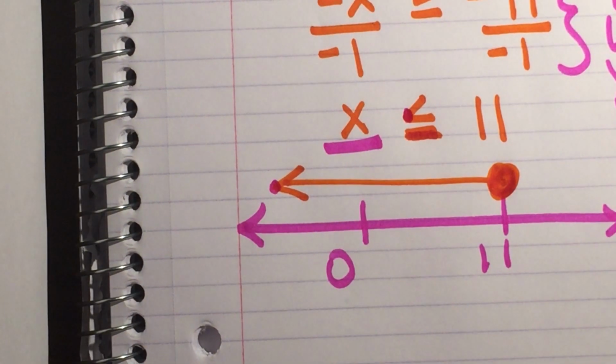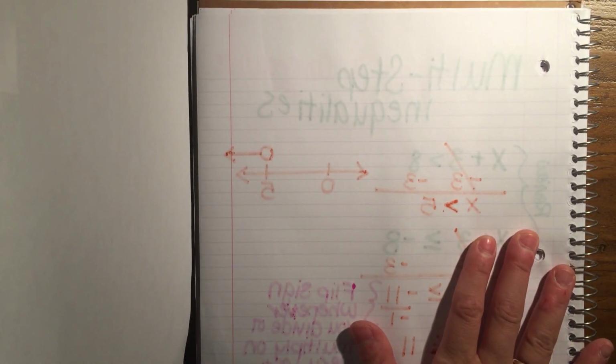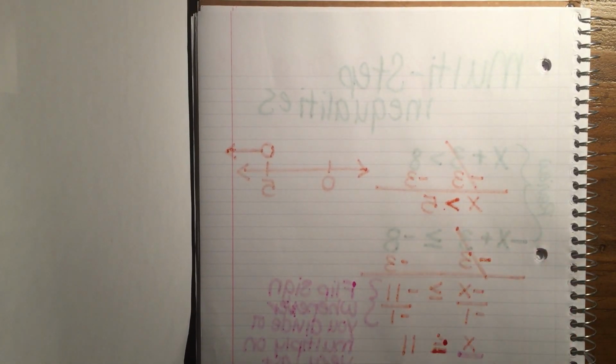So now let's look at multi-step inequalities. Multi-step inequalities means we're going to use the same steps from our multi-step equations, only now we have an inequality sign, and we have to make sure that we watch out for our inequality signs on the last step.